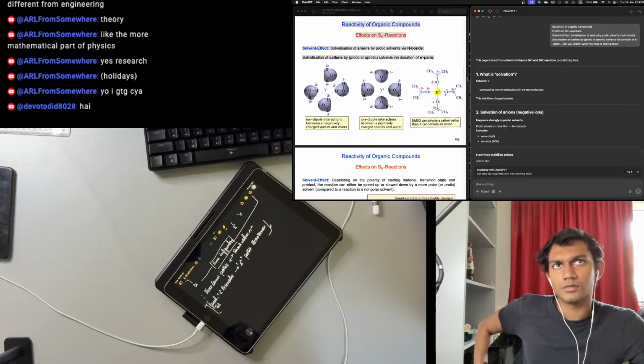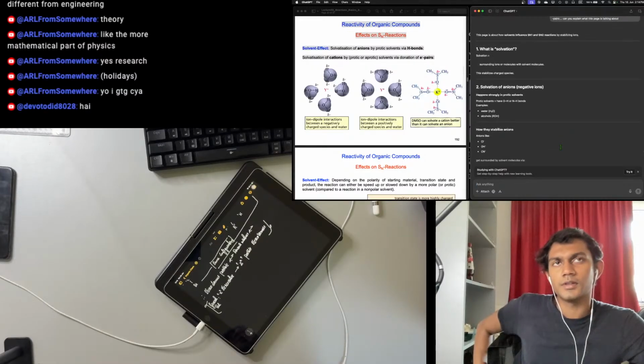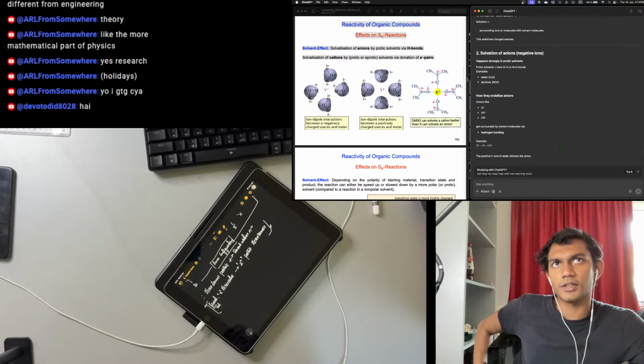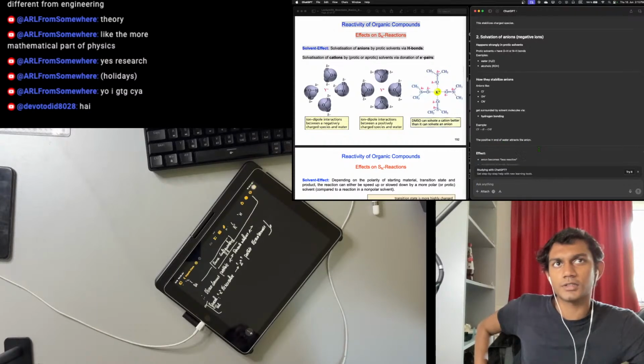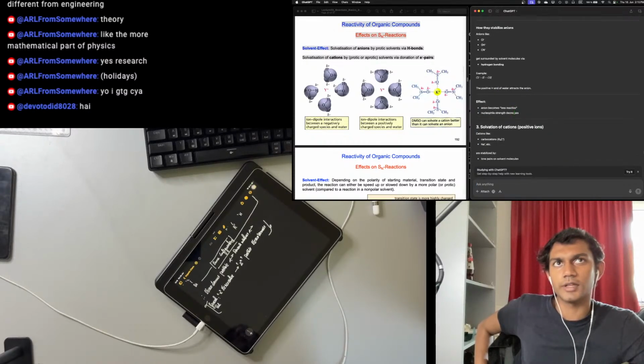Water, alcohol, ROH. They stabilize anions like chloride, hydroxide, cyanide. They get surrounded by solvent molecules via hydrogen bonding. The positive H end of water attracts the anion. Effects: anion becomes less reactive, nucleophile strength decreases.